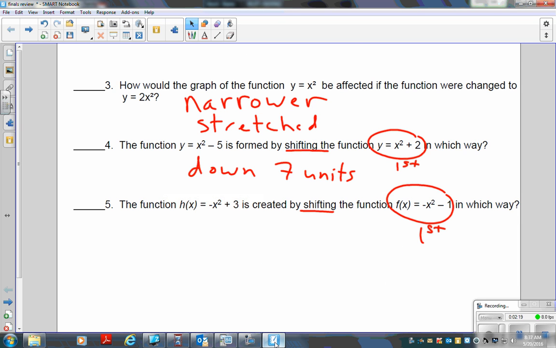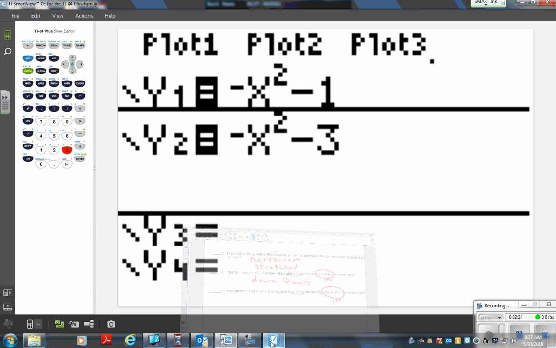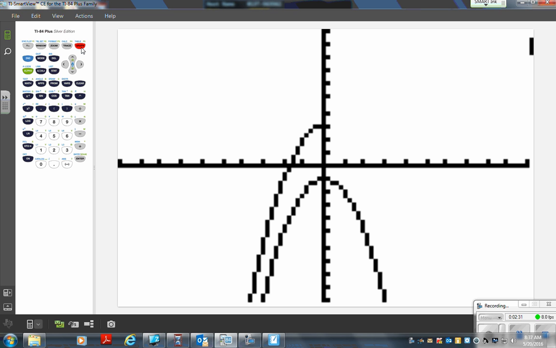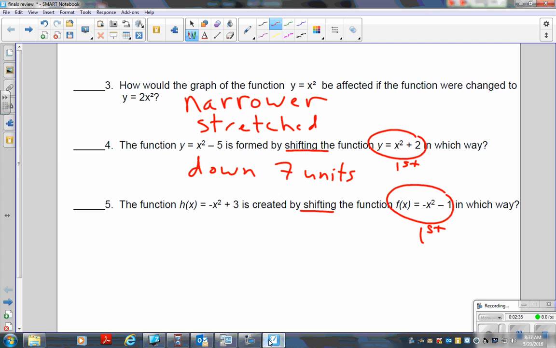All right, negative x squared plus 3. All right, here's the graph. We start off right there, and then it moves up. And it moves up 1, 2, 3, 4 spots. So we'll say up 4 units.